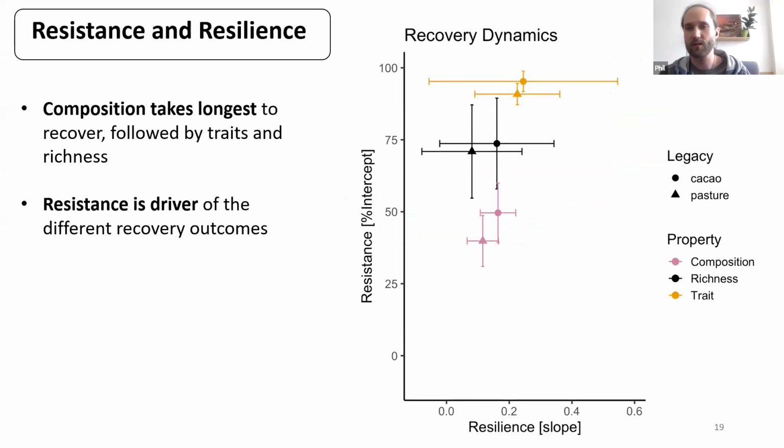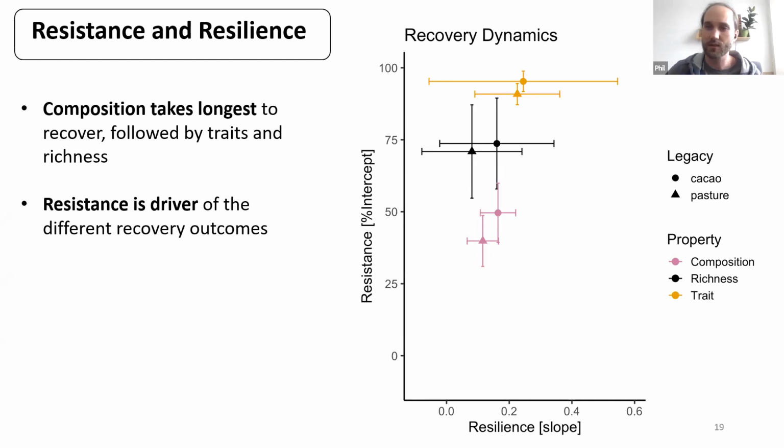Now let's look at the components of resistance and resilience that I mentioned earlier. And we can see that the differences in the time it takes for each of the community properties to recover are mainly driven by differences in resistance.